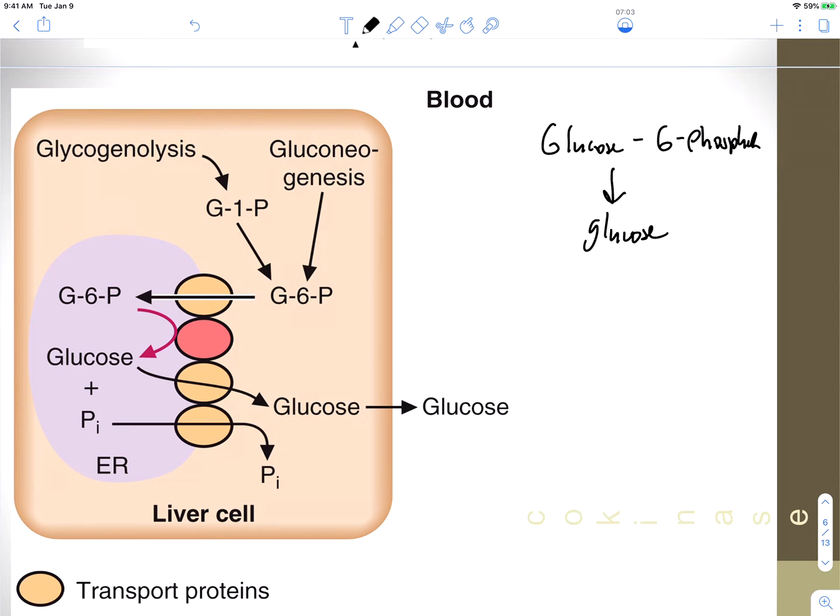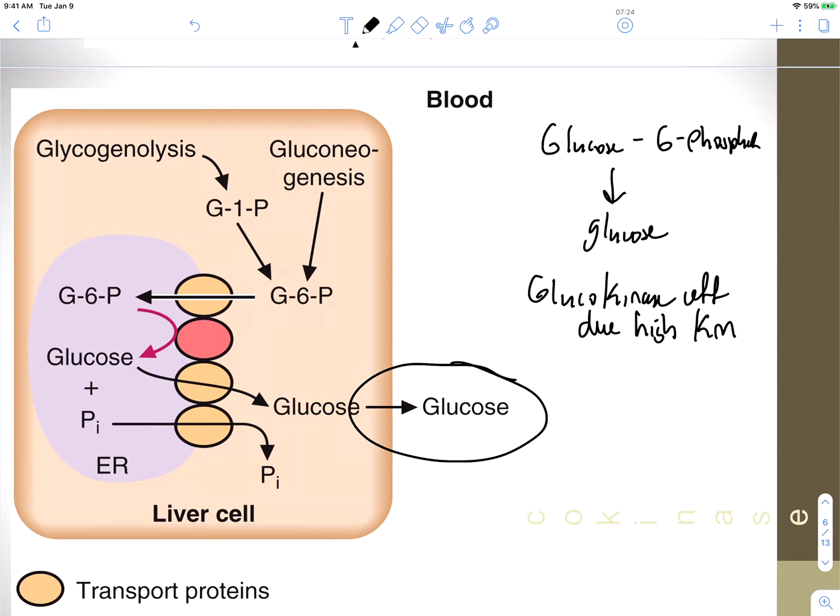And keep in mind that glucokinase is going to be off. And that's because it has a high Km. So this is due to high Km. So it's not going to be active. And so you're going to be able to release glucose into the blood.